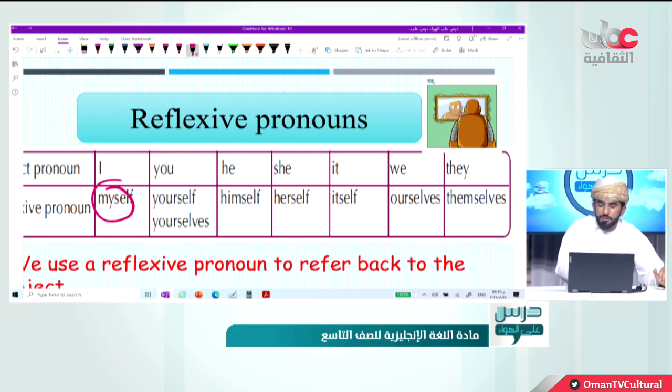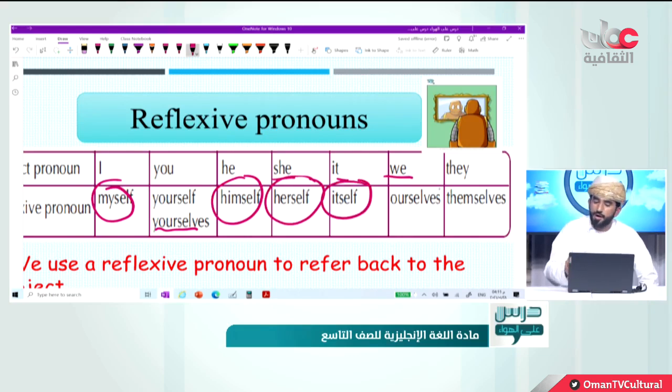When do we say yourself? If we're talking about only one person, we are pointing at only one person. But if we are pointing at too many people, we use what? Yourselves. You, yourself. He, himself, exactly. She, herself. It, itself, very good. We, ourselves.